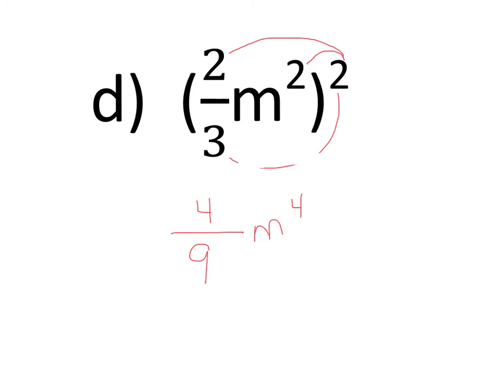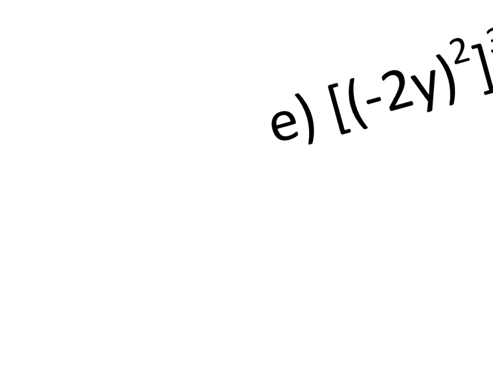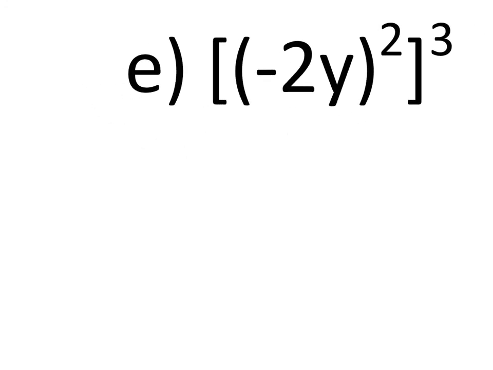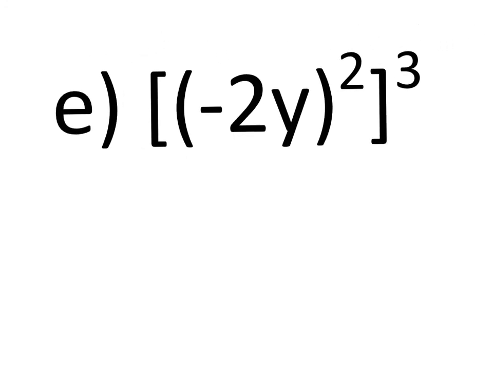All right, and the next problem here. If I look at this guy, you see how we've got these bracket things here? That just means that I'm going to work both of these exponents. I think the easiest is to just multiply these together and call it 6, and then drop that 6 in. So right now I'm going to have negative 2 to the 6th and y to the 6th.